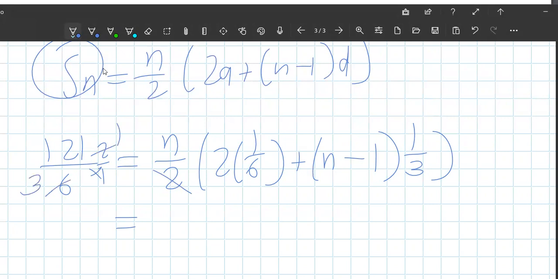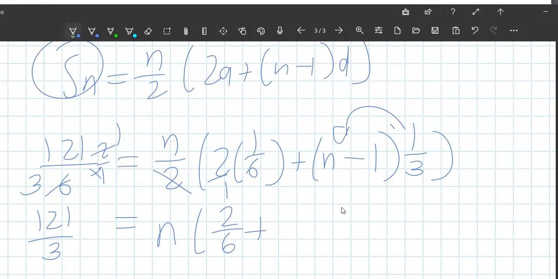It's just going to be 121 over 3 equal to n times 2 over 6, 2 times 1 and 1 times 6, plus 1 over 3 n. 1 over 3n is just n over 3. And this is 1 over 1. So it will just be minus 1 over 3.